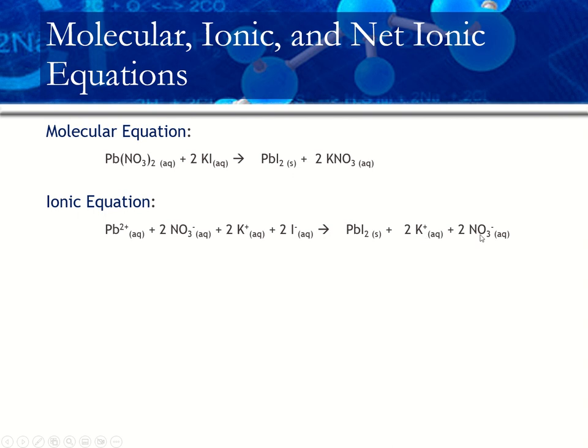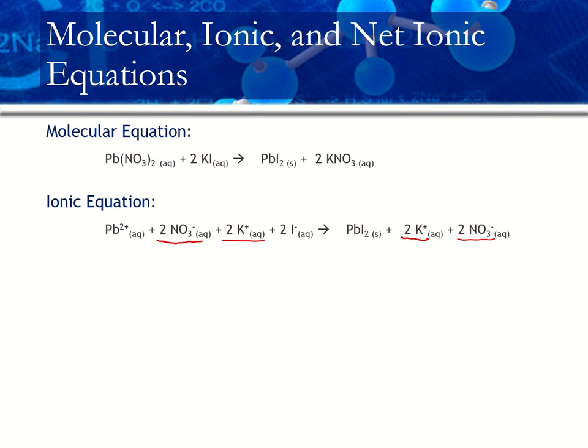And if you'll notice, let me see if I can get my pen to work here. Notice that we've got 2 potassium ions on the right, and we've got 2 potassium ions on the left. We've got 2 nitrate ions on the right. We've got 2 nitrate ions on the left. Those ions really aren't doing anything. They're not adding anything to the description of what's going on in this reaction.